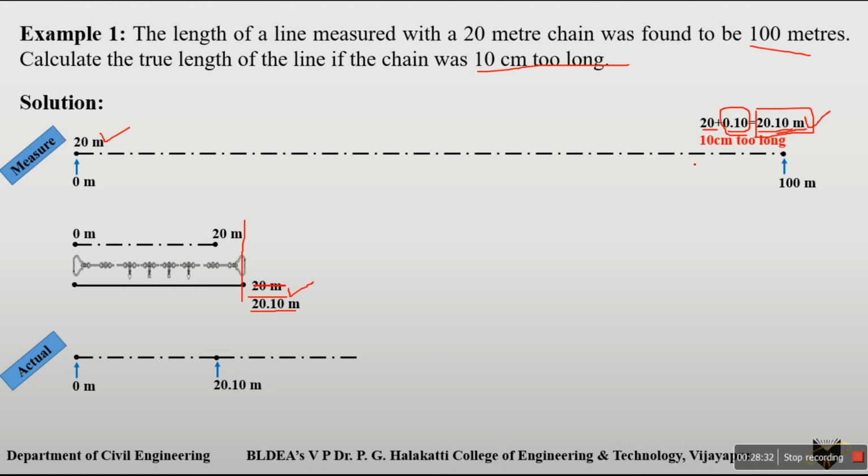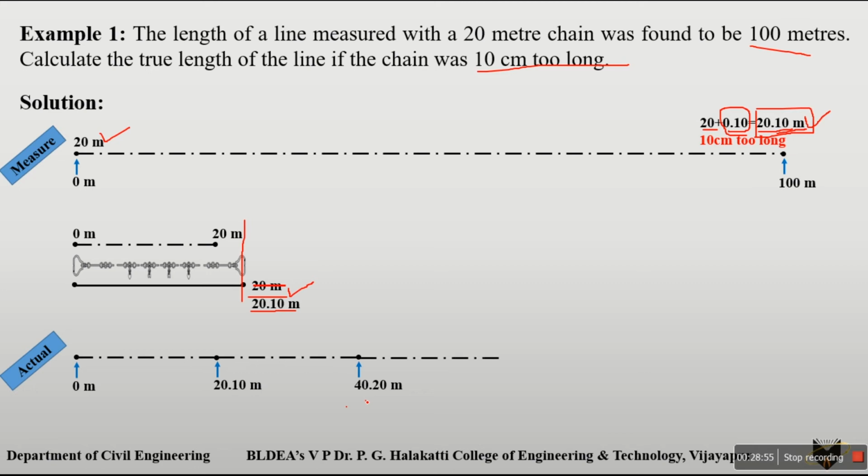Similarly, for the next chain length from this point to this point, the length is 20 plus 20 plus 0.1 for this chain length and 0.1 for the previous one, so that is 40.20 meters.